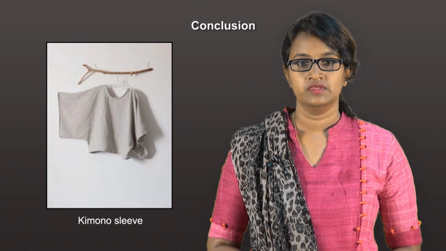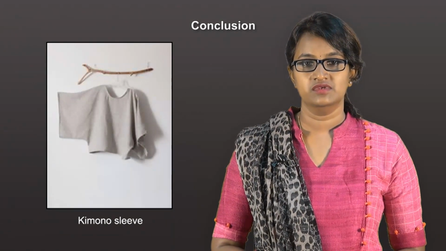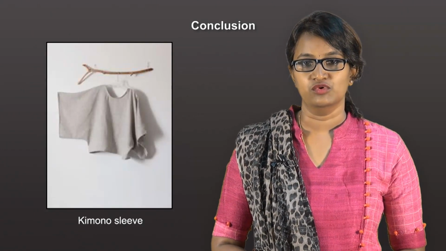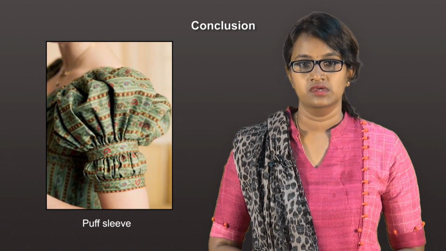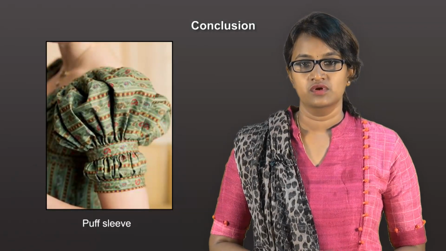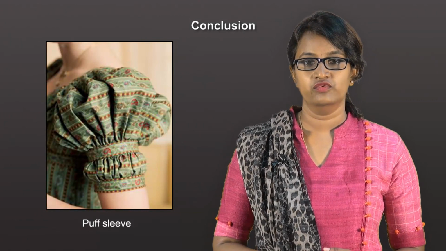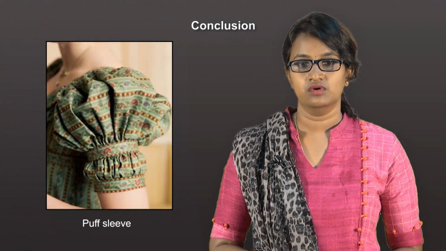Kimono sleeve. Kimono sleeve is a style that has been derived from the traditional Japanese dress called kimono. Puffed sleeve. A basic puff sleeve was either a short, 3/4 length or full length sleeve gathered at the top or bottom or both.